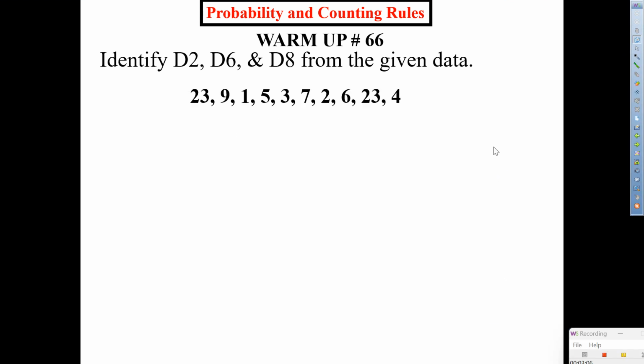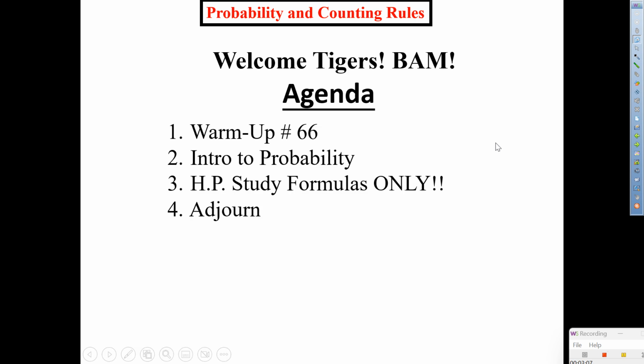All right, copy the agenda for today, please. Warm-up number 66, intro to probability. And once again, study your formulas tonight. We still haven't really gotten fully into the probability session. Today I'm going to give you a little bit more in regards to what we're doing with probability.